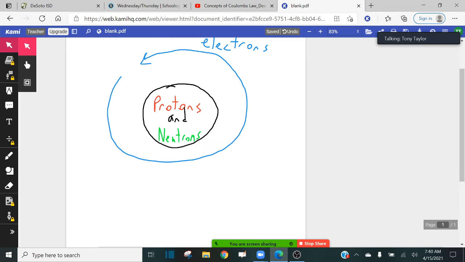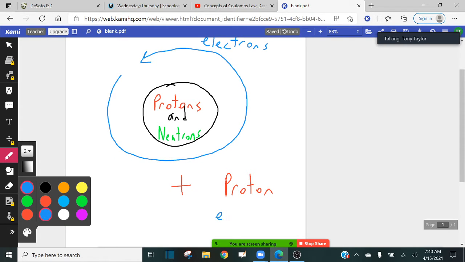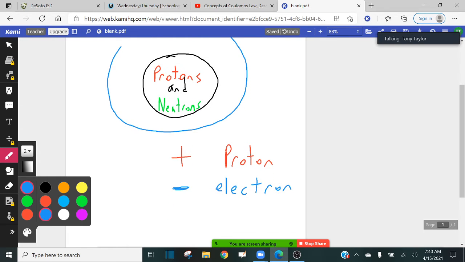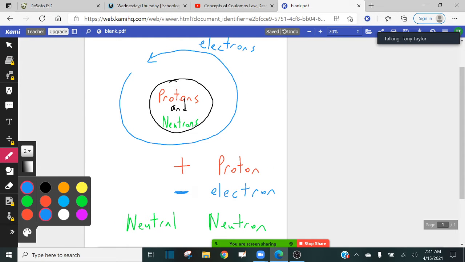Now, also I want you to remember that the proton has a positive charge, and the electron has a negative charge. And of course, the neutron is neutral, right? It is neither positive nor negative. It's just neutral. Okay. So again, this is something you should have discussed in chemistry.